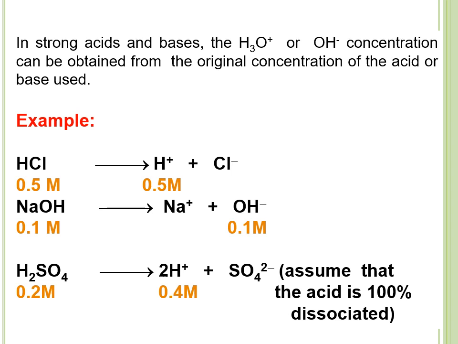Same as sodium hydroxide, it dissociates completely, so it is going to have 0.1 molar, the same as the original solution. But for sulfuric acid, one molecule of sulfuric acid would dissociate to produce 2 moles of H plus. Therefore, if we have 0.2 molar of sulfuric acid, we're going to have 0.4 molar of H plus ion.